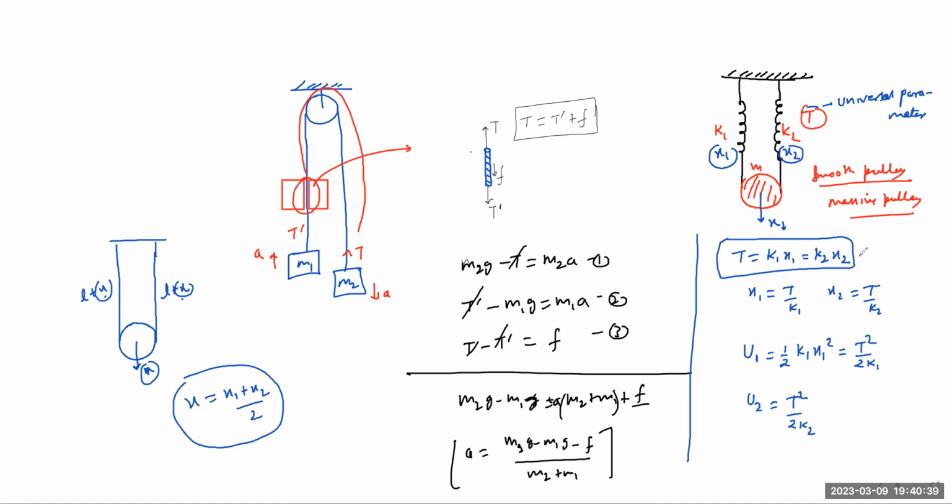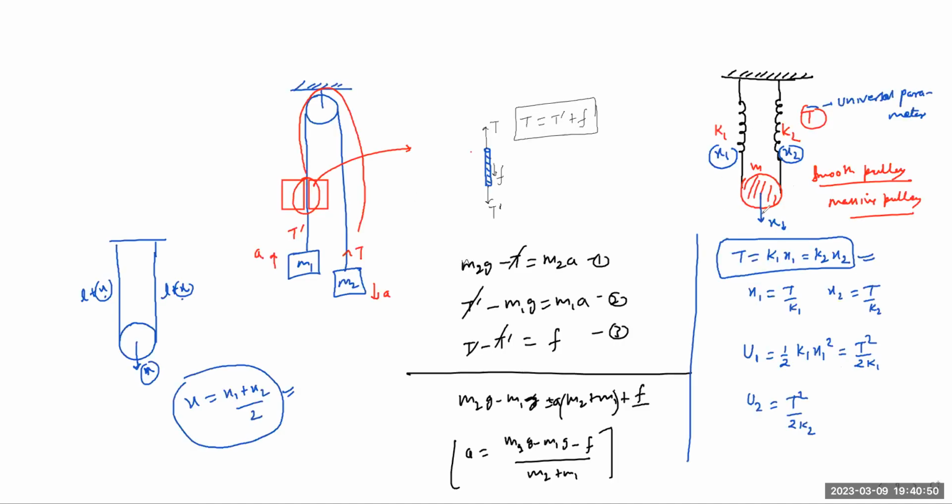So you know this tension, this powerful relation, and what do you do next? The spring block system or spring pulley system is at rest in the very beginning. It means it will have some deformation which we are ignoring. What we do is we always deform beyond equilibrium mentally.